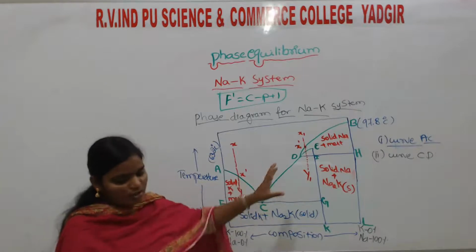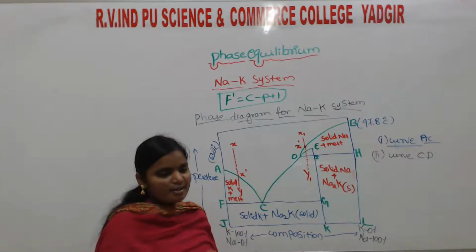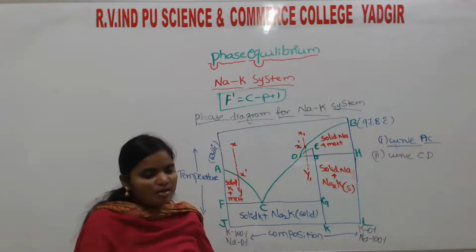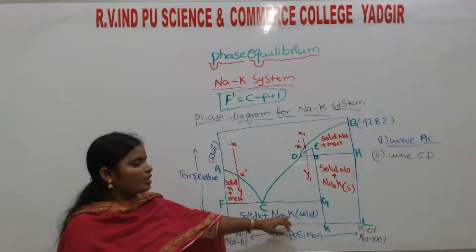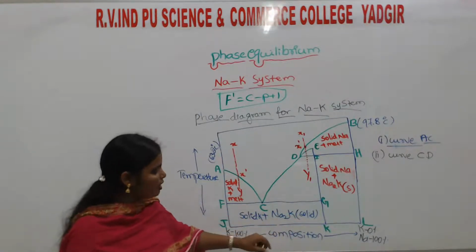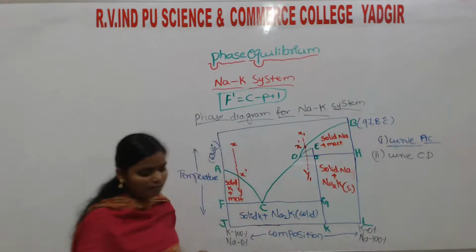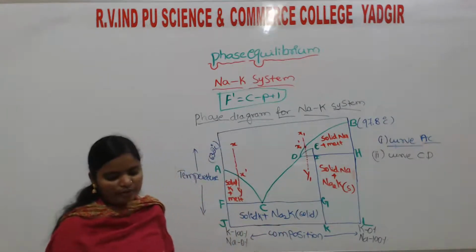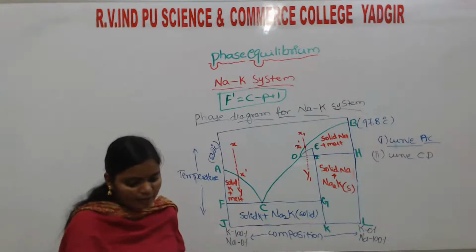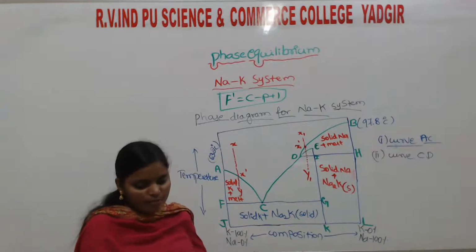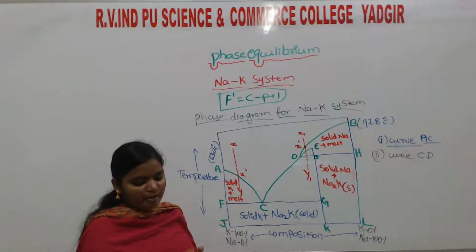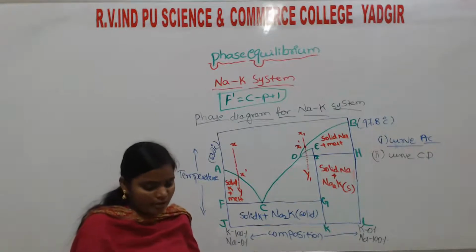The curve CD is the fusion curve of the compound Na2K. Solid Na2K, disodium potassium, and melt are in equilibrium along this curve.